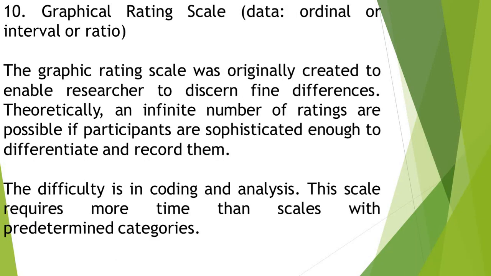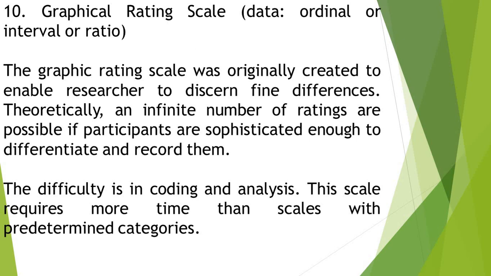Graphical rating, data ordinal or interval or ratio. The graphic rating scale was originally created to enable researchers to discern fine differences. Theoretically, an infinite number of ratings are possible if participants are sophisticated enough to differentiate and record them. The difficulty is in coding and analysis.